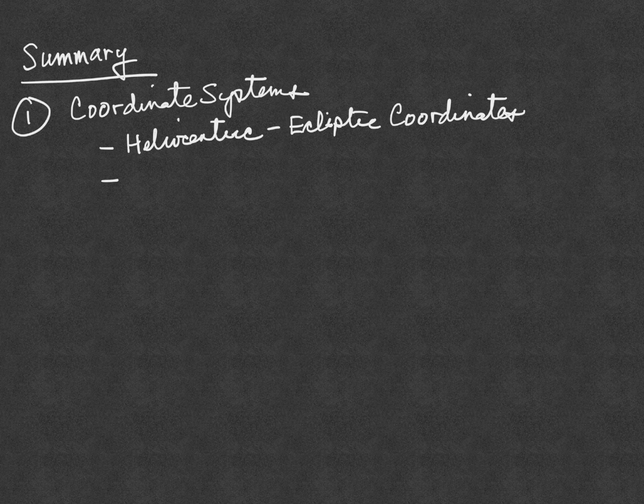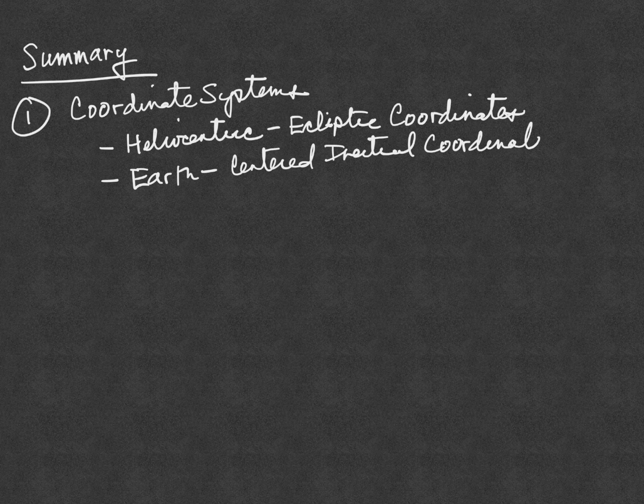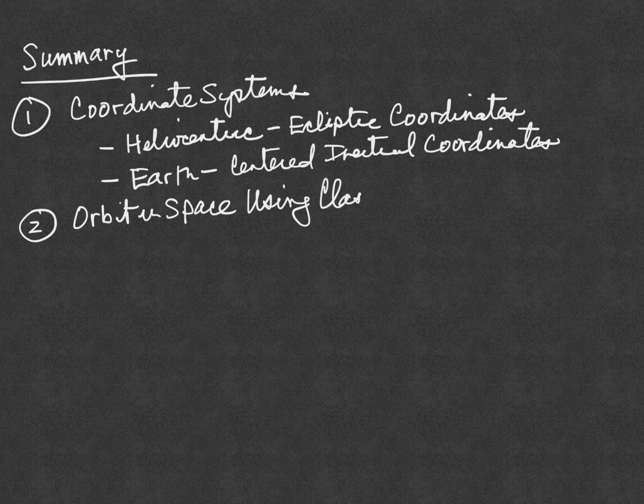The second one was Earth-centered inertial coordinates. And these coordinate systems, especially the second one, enabled us to be able to describe the orbit in space using classical orbital elements.